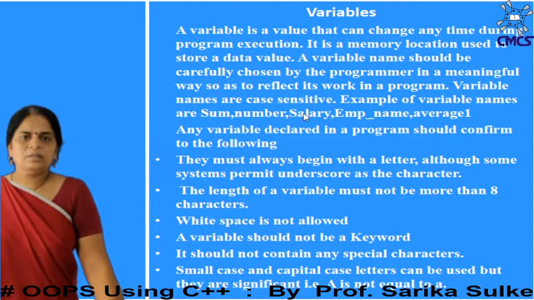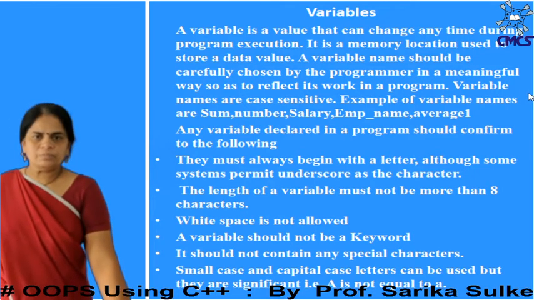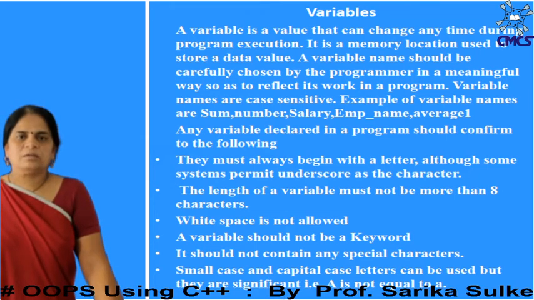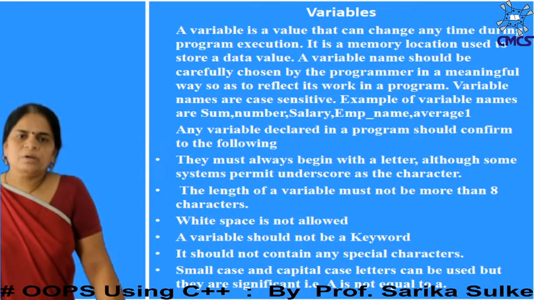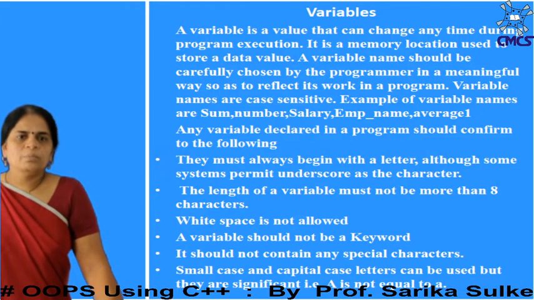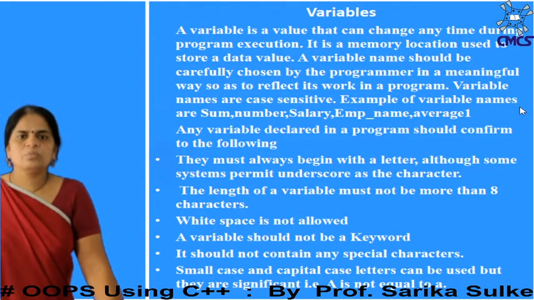They must always begin with a letter, although some systems permit an underscore as the first character. So a variable name must always begin with a letter from A to Z, which may be a capital or small letter. But some compilers also permit an underscore as the first character.